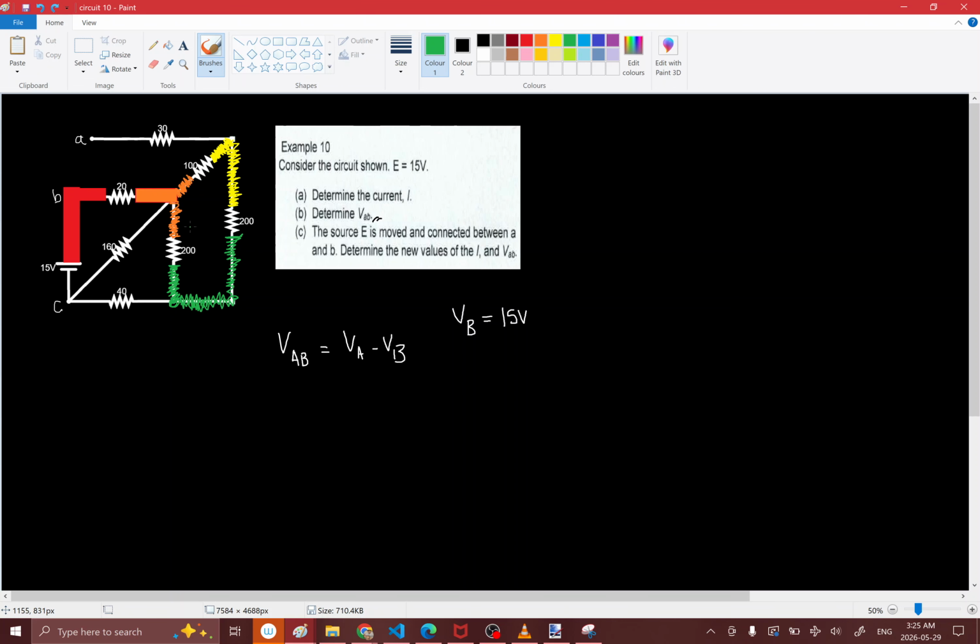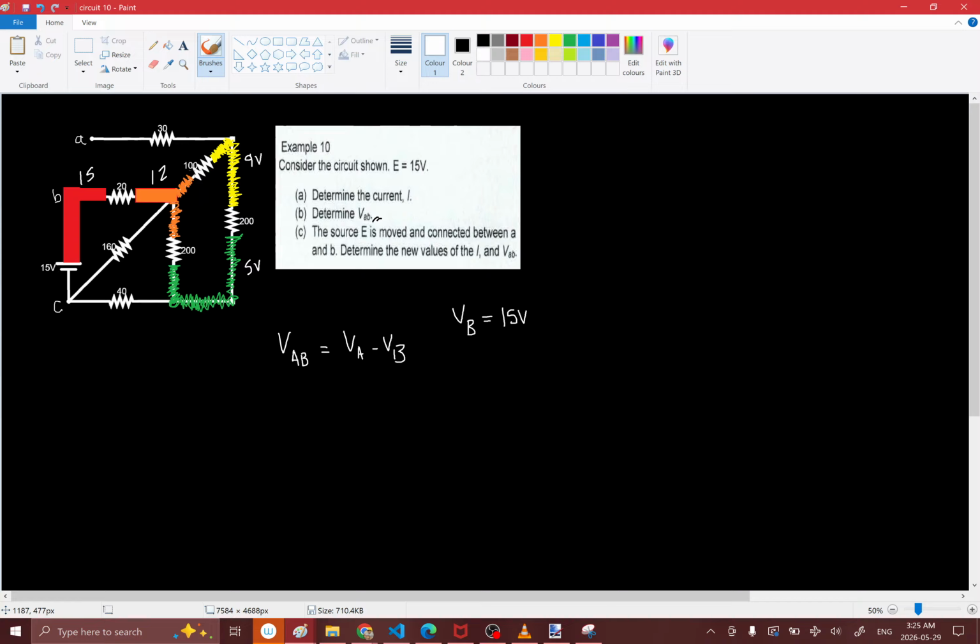So based off that deduction, there must have been a larger voltage drop across this resistor. So let's imagine that up here was 15. This one became like 12. So this is 15 volts, 12 volts. This is like 9 volts. This is like 5 volts.